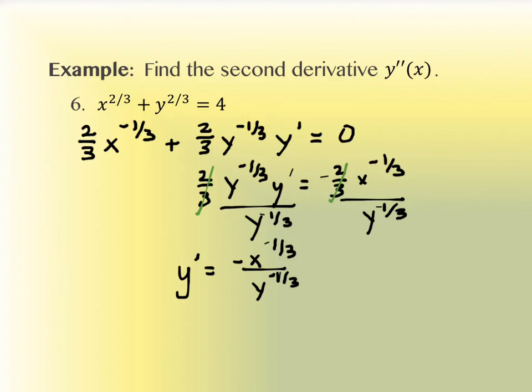We could flip it, right? Because they're both negative, we could actually flip the fraction upside down. It's a property of exponents that would allow us to write this in a different way. So I could write this as negative y to the 1/3 over x to the 1/3. And I'm going to actually do one more step, and it's not something you would have to do, but because I think it makes the derivative cleaner, I'm going to write it this way.